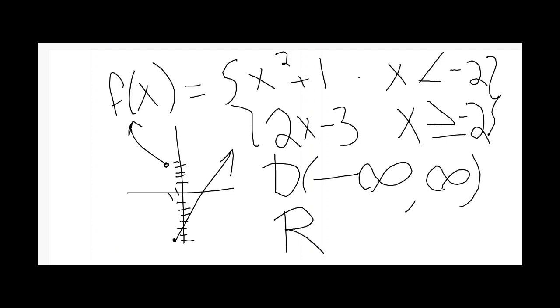when we're talking about range, you want to look at the y values. So on your y-axis, what are the possible y values? We can see that the lowest value we have here is -7, right? Right here at the bottom is -7. And because it is a closed circle, we include a bracket, -7.